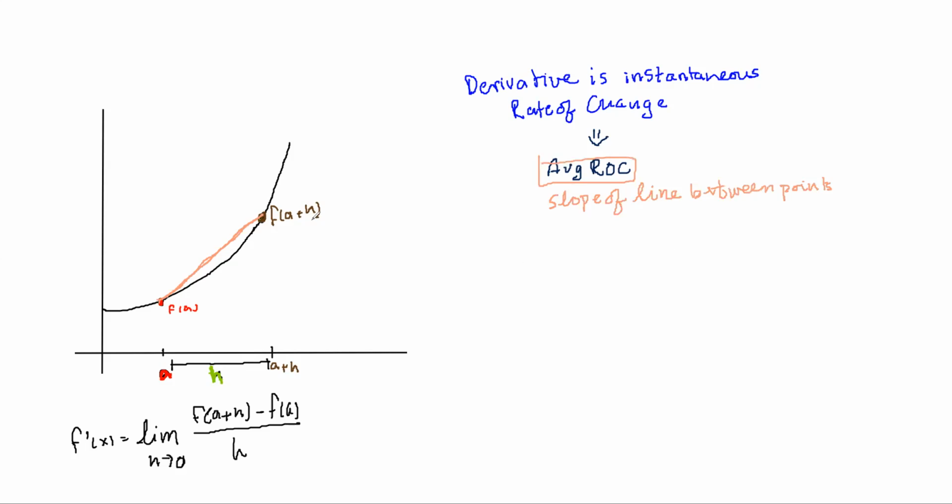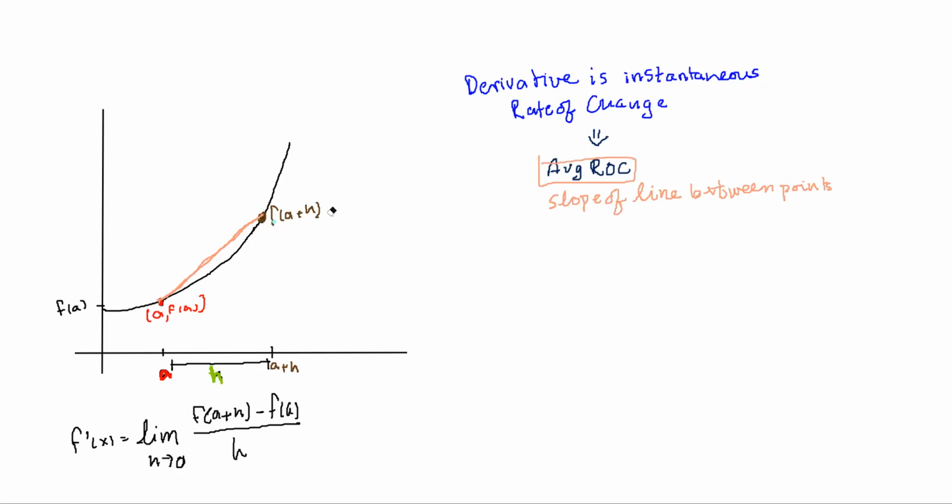Awesome. Okay. So basically what we're doing here is we have this point right here, which is a comma f of a. So the y value here is f of a, and the x value is a. So the point is a comma f of a.